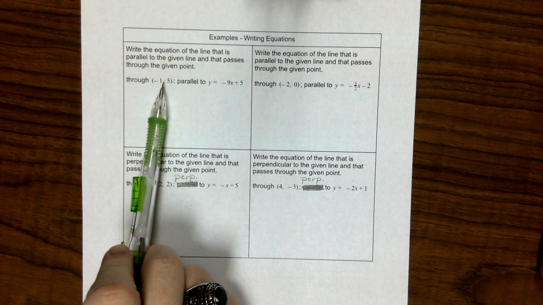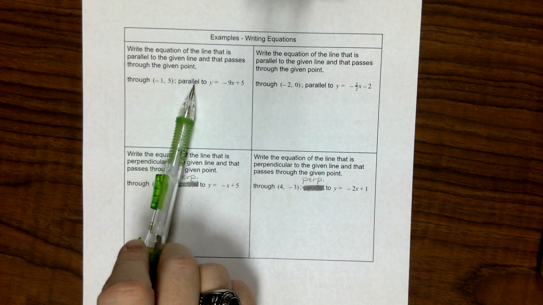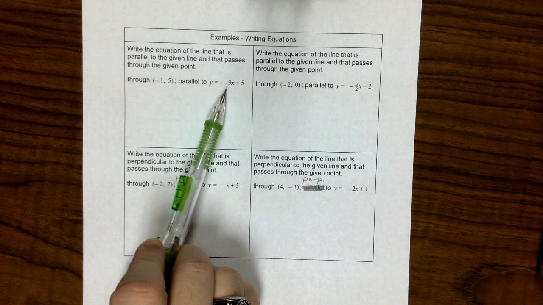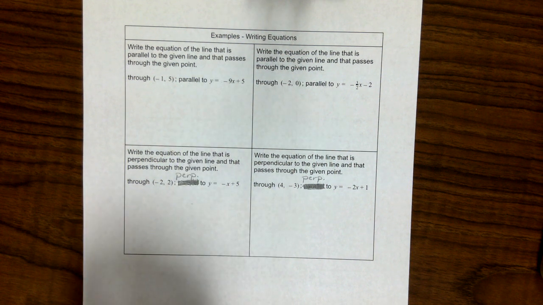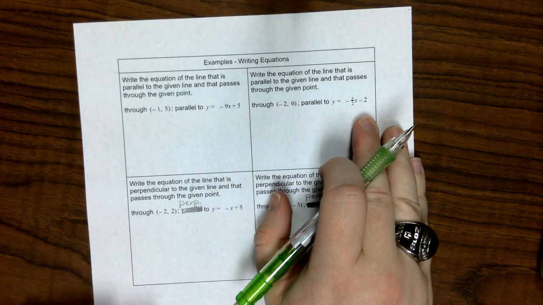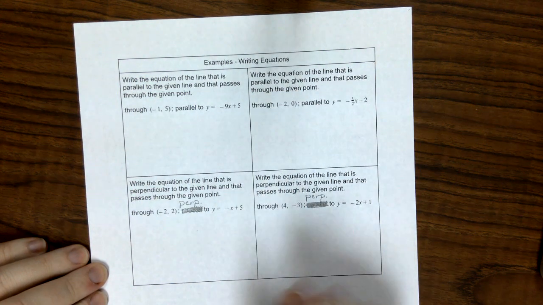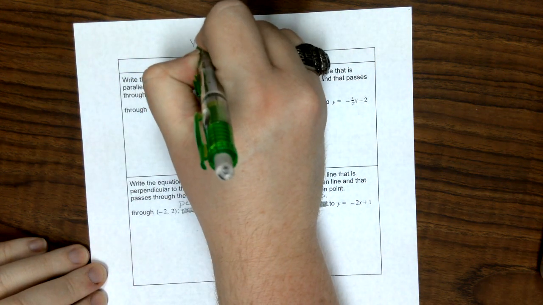It's going to pass through this point, and it's also going to be parallel or perpendicular to another line. You have to write the matching equation. Okay? And to do this, we're going to use this form of a line.